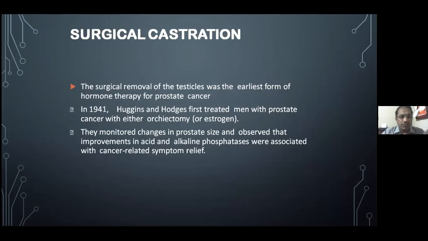Starting with surgical castration, surgical removal of the testicle was the earliest form of hormonal therapy, and as I told earlier, Dr. Huggins got the award for it. What they observed when it was done, they monitored the changes in the prostate size and observed that improvement in acid and alkaline phosphatase were associated with cancer-related symptom relief.